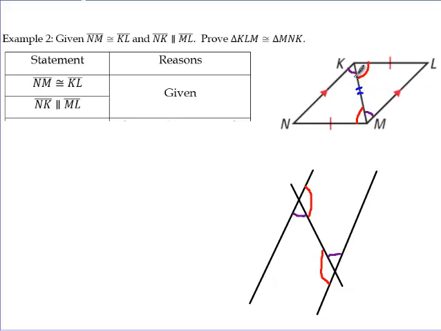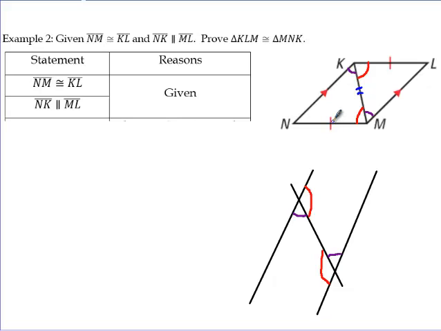So we need to choose, do we want the purple or the red angles? Well, I love purple, so that's probably the one that I would pick if I didn't know better. However, if we used the purple angles in this proof, we would end up with ASS.